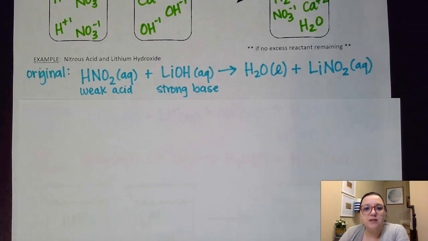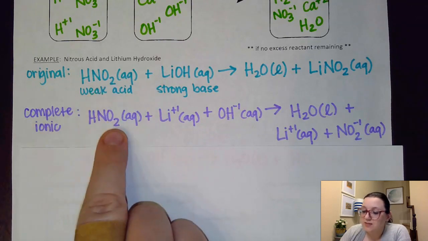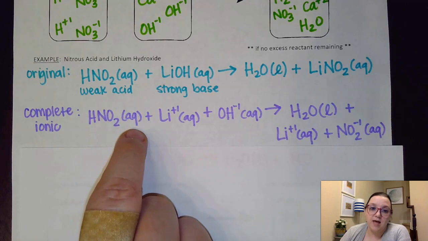And for this kind of process, when I do net ionic equations, I'm going to actually leave those weak acids together, because in reality, less than 5% of a weak acid usually splits up into ions. Most of it stays together. And so therefore, on my complete ionic equation, I'm going to leave that together. So I left it together even though it had an AQ. So be careful on those weak acids.